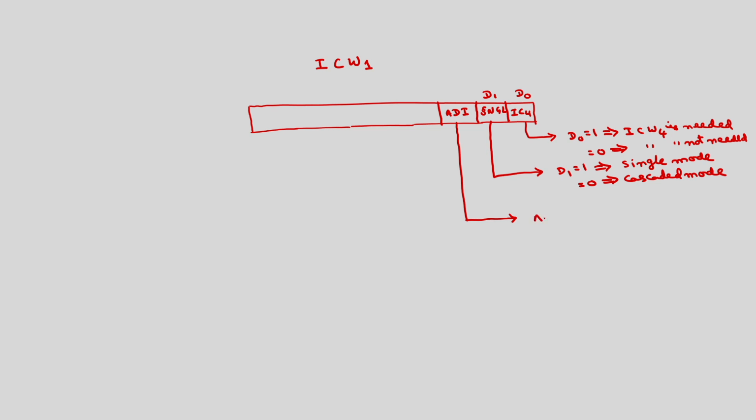If this D2 bit is equal to 1, there will be an interval of 4 bytes. If this is equal to 0, then an 8 byte interval. But in case of 8086, it uses only a 4 byte interval, so this D2 has to be set to 1 in case of 8086.